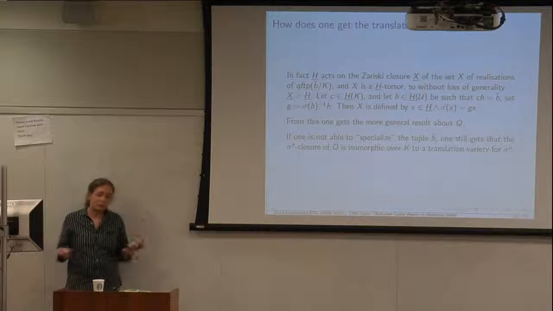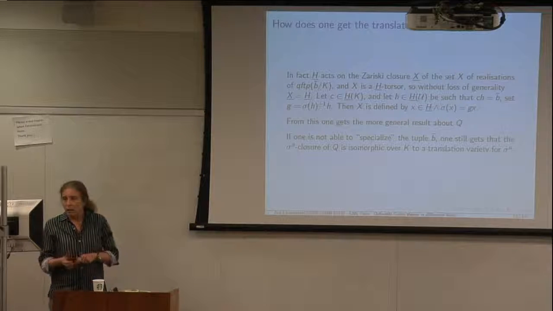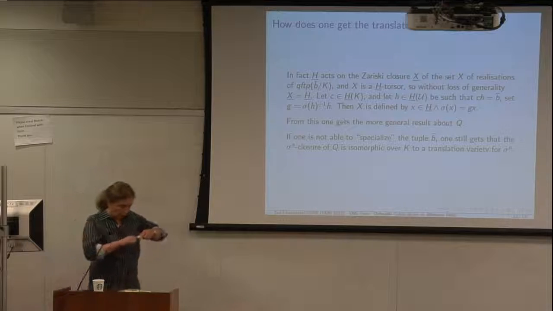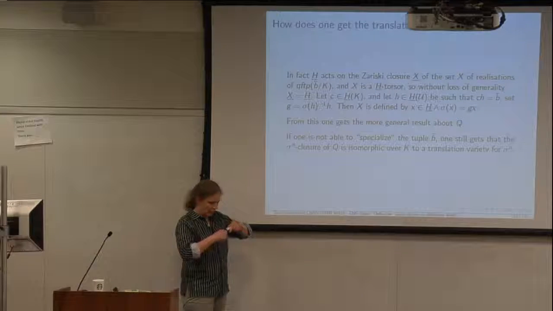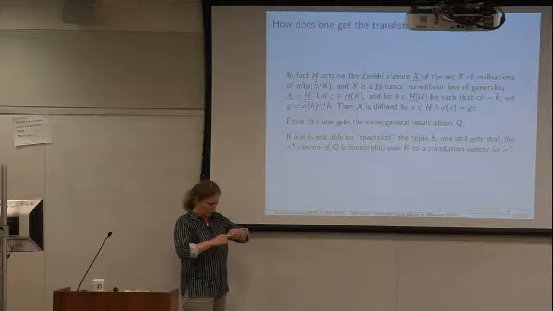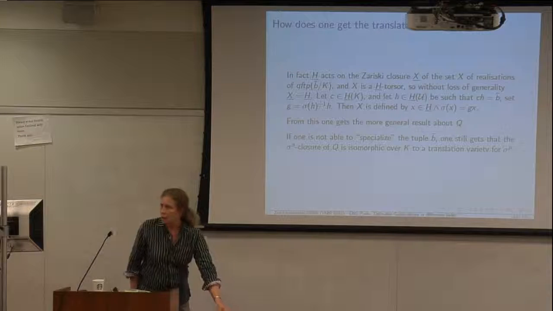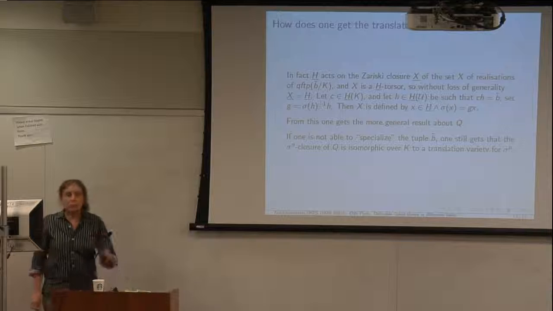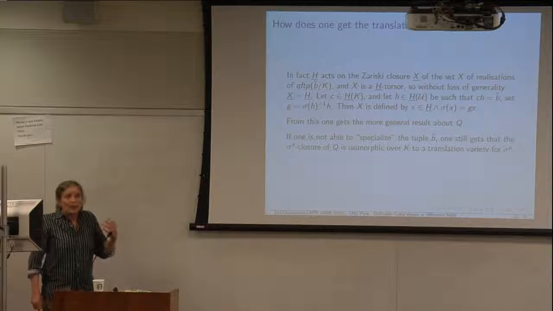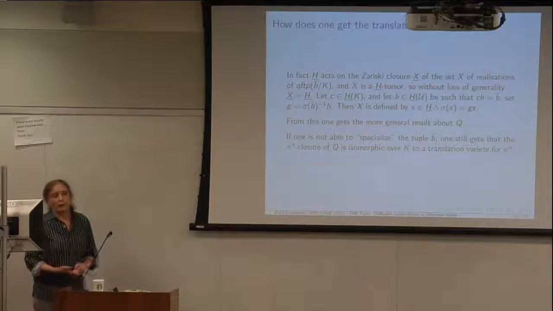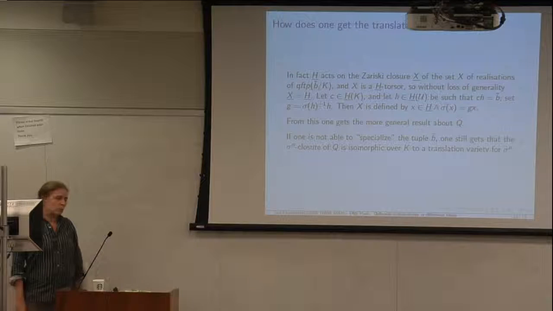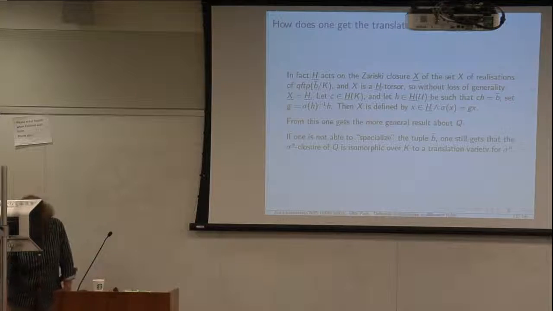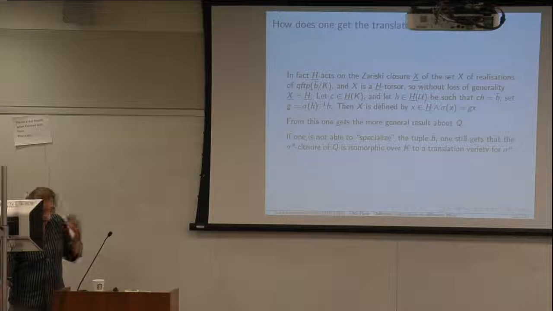So in other words, instead of looking at Q, you look at its sigma-n closure, the things which satisfy the same sigma-n equations as A does. This is going to be isomorphic to a sigma-n translation variety over K. So it's not good, but it's not horrible.